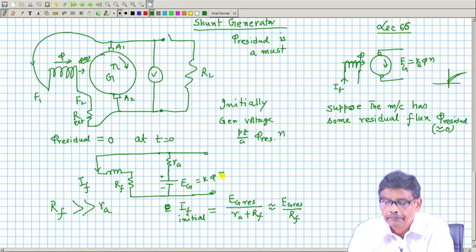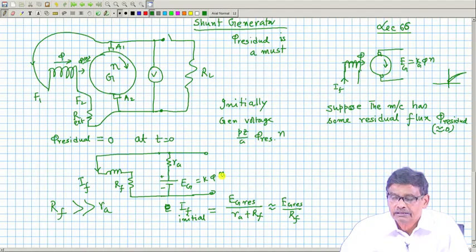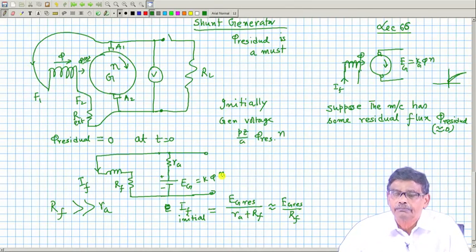In this way, this Eg will grow up, it will have more and more voltage. Therefore, for a shunt generator, we now know at least qualitatively that to make a shunt generator work, I will demand that there must be some residual field.